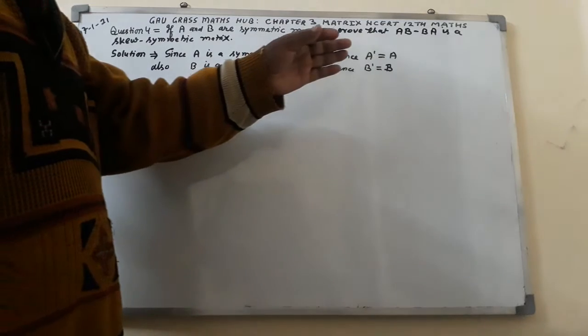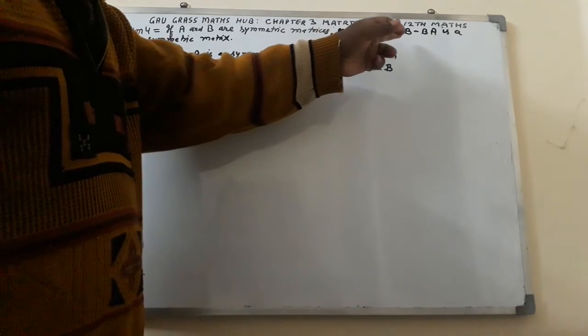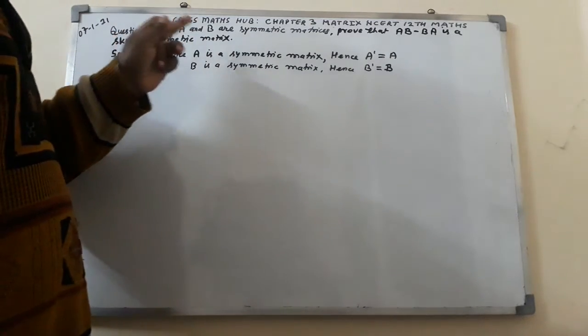Now here we have to prove that AB minus BA is a skew symmetric matrix.